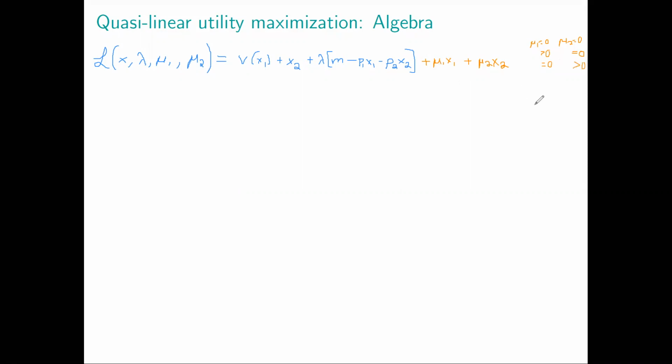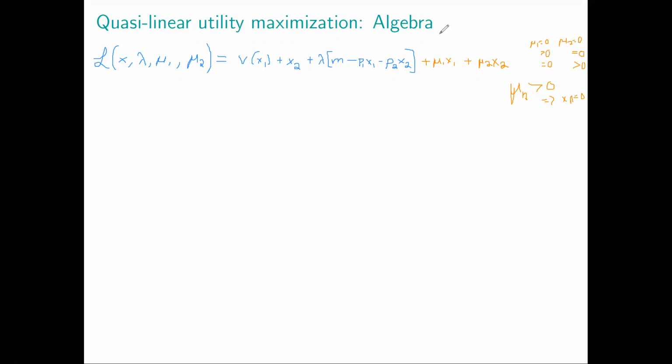So recall this thing we said before. We need mu1 x1 equals 0, and similarly, we need mu2 x2 to also equal 0. Right, so the key thing is mu n strictly greater than 0 is going to imply that x n is equal to 0.